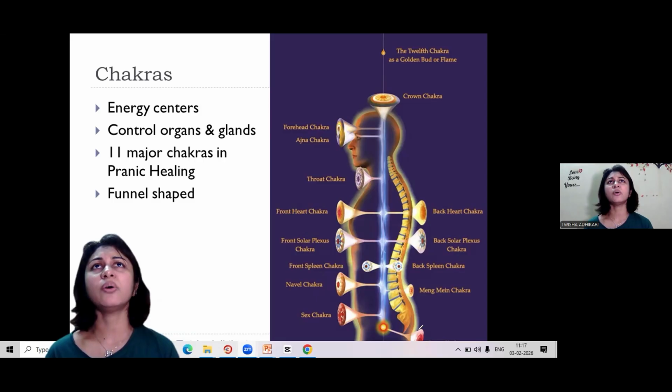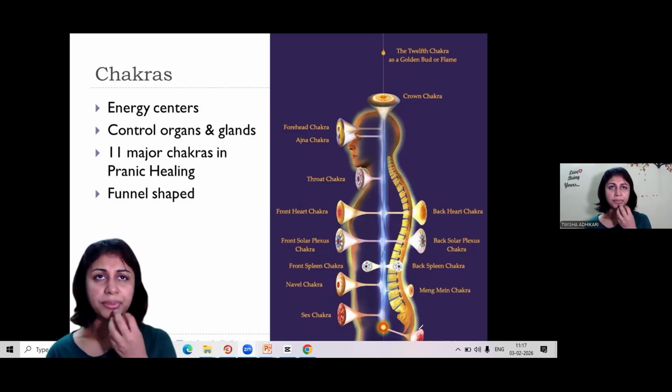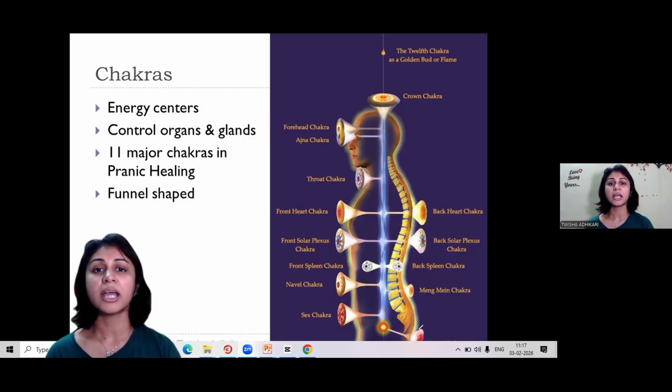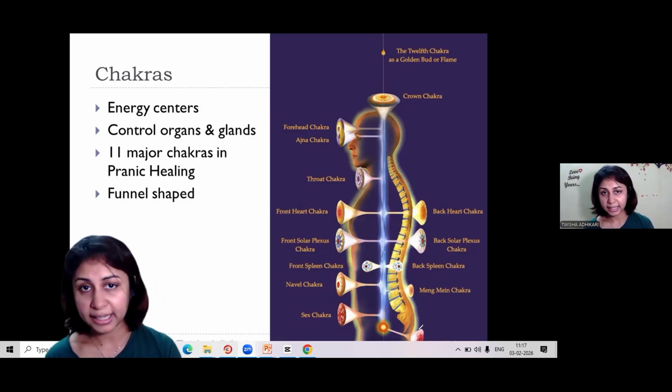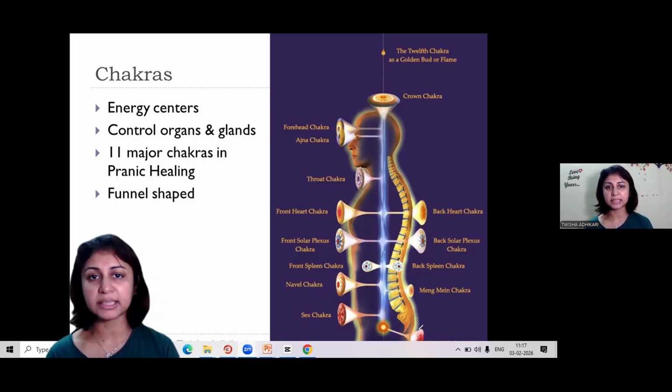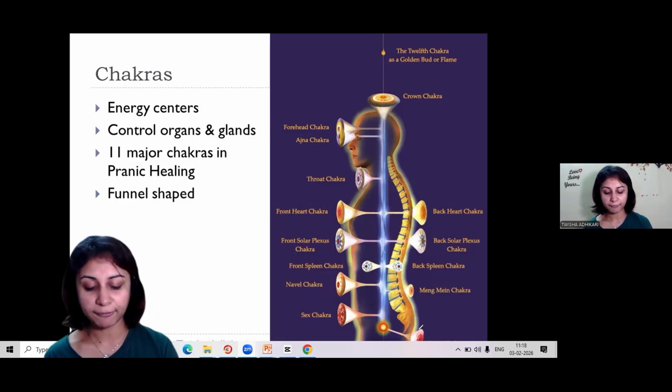Now, the energy which is present in the basic chakra also goes to the navel chakra. Okay, and also a part of the basic chakra goes to the brain. So if the basic chakra is depleted, the brain might also get affected.